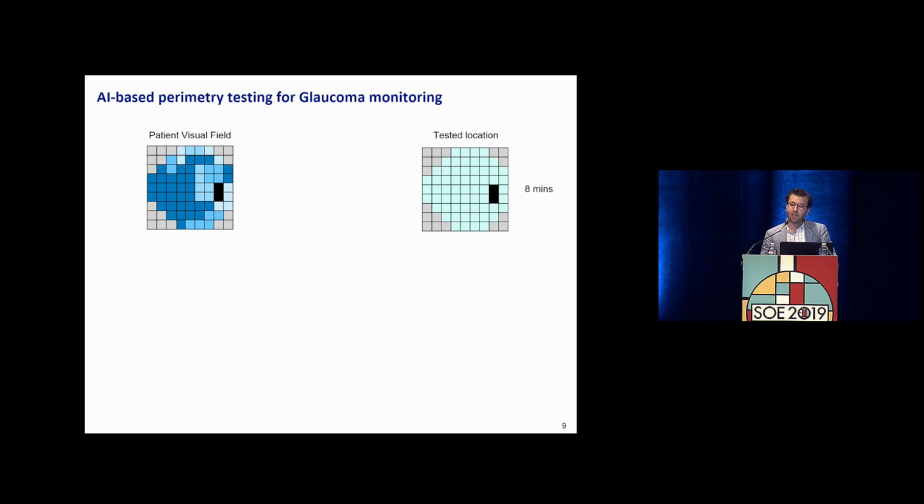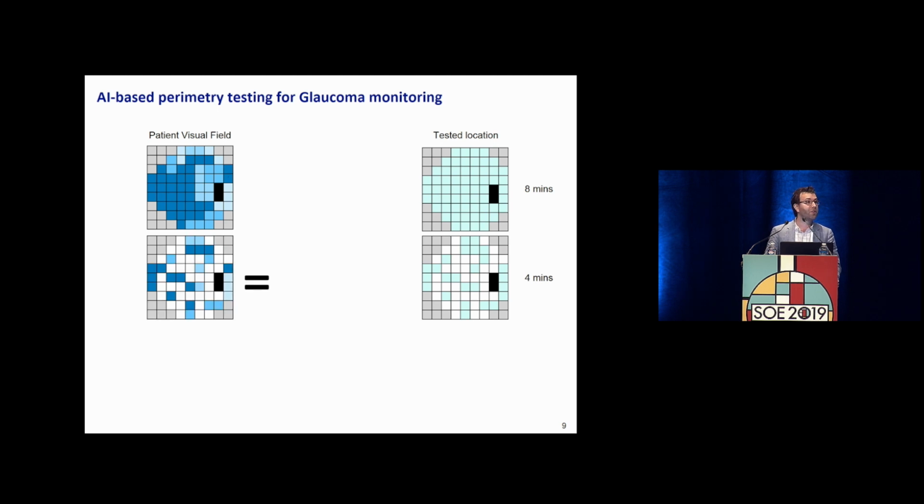And the question now is, well, can we somehow speed it up? Because the burden for this examination falls pretty much solely on the patient. It's very long and tiring. So you can imagine that if 60 locations take 8 minutes, and we somehow randomly said, let's halve the number of locations you actually want to test, it would be a 4-minute exam, but the visual field would be sparse and useless.